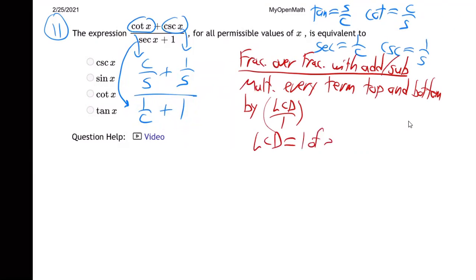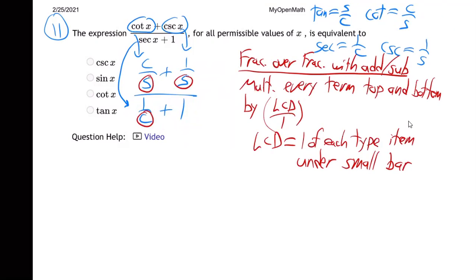It's 1 of each type of item under a small bar. So what's under the small bar? S, S, and C. So in this case, LCD over 1 is going to be SC over 1. We're going to use them both. You have to, so the LCD is always 1 of each type. So I don't use both the sines. I just use 1 sine and 1 cosine. 1 of each type of item that is under the small bars. So it's going to be, in this case, S and C.